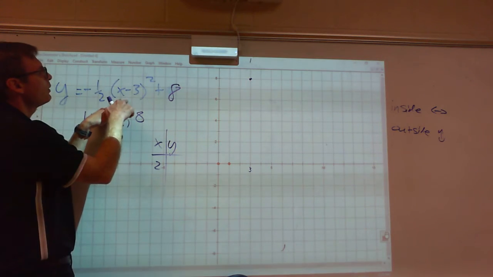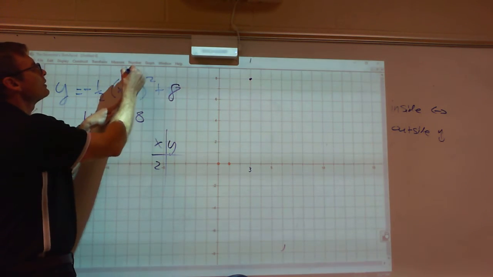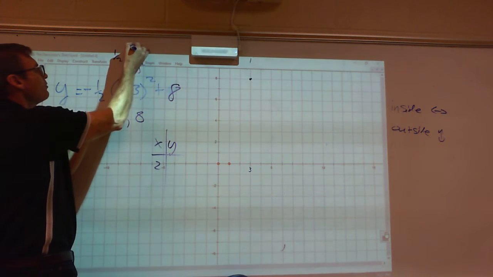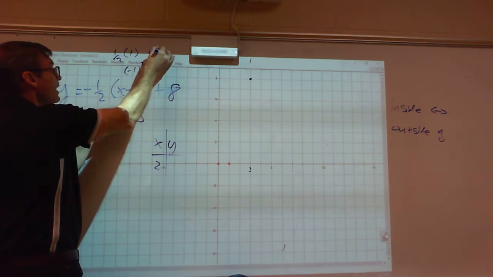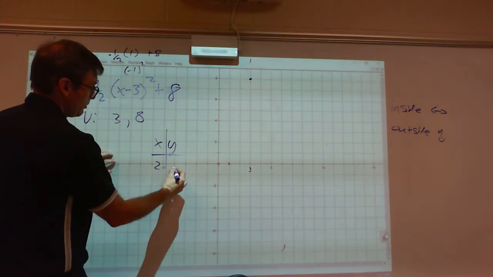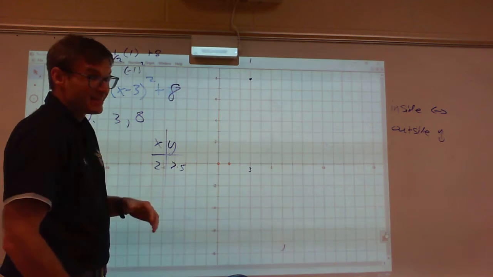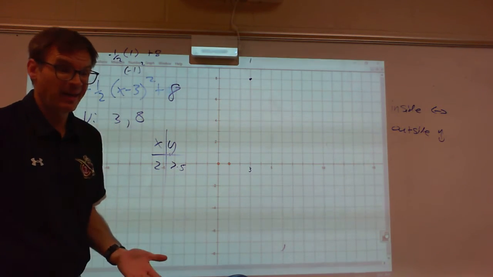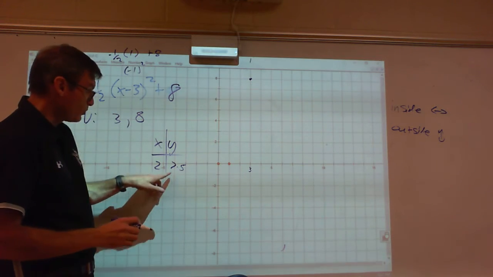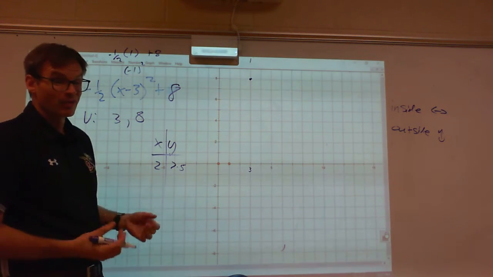See, if I plug a 2 in, 2 minus 3 is negative 1, squared. So I get 1/2 times 1 plus 8, negative 1/2 plus 8, that gives me a positive 7.5. That's hard to plot in Khan Academy. Khan Academy likes nice whole numbers. And so when I try 2, I get a decimal for the Y value, and that's not very helpful.